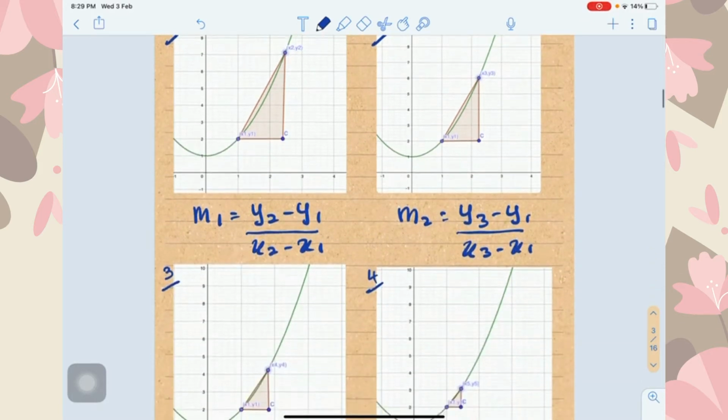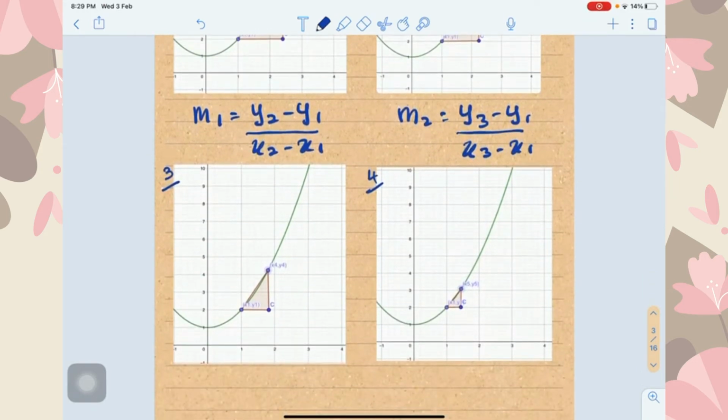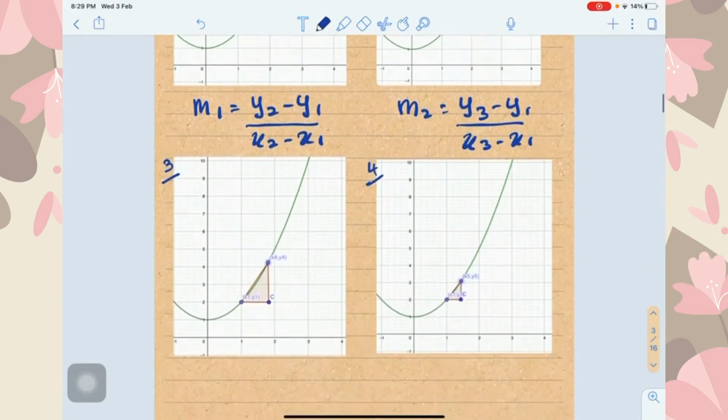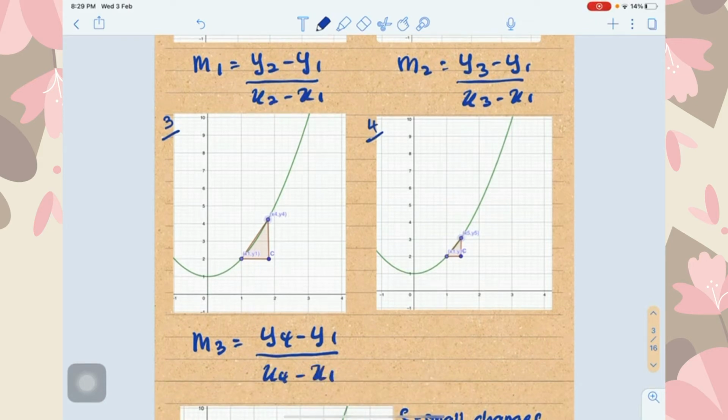Situation 3, we have smaller, you can see here the triangle becomes smaller in size. So m3 equals y4 minus y1 over x4 minus x1. And situation 4, we have the smallest triangle. So gradient equals y5 minus y1 over x5 minus x1.